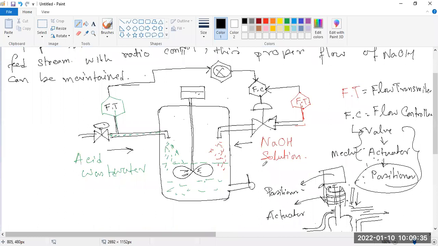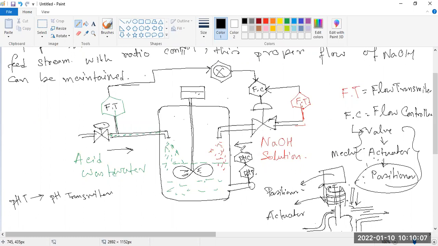Here, this is the pH transmitter. PHT means pH transmitter. And here also a pH controller, PHC.